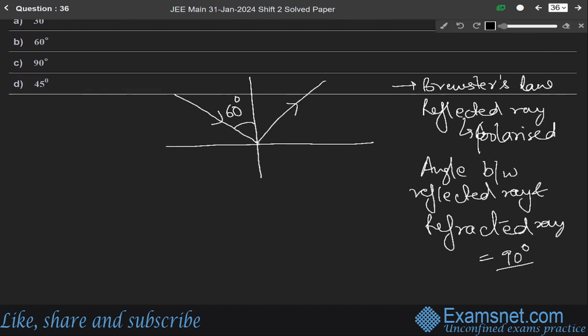This is the reflected ray and this is the refracted ray. So the angle between them will be 90 degree.